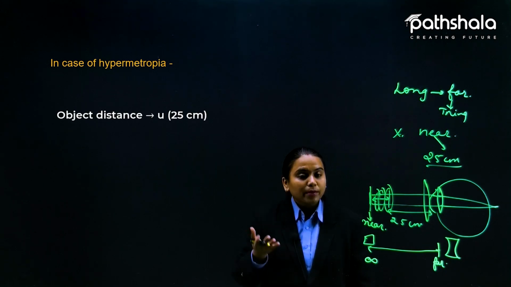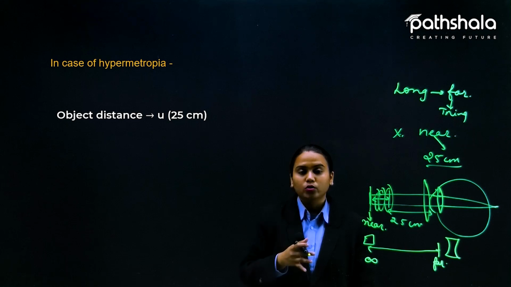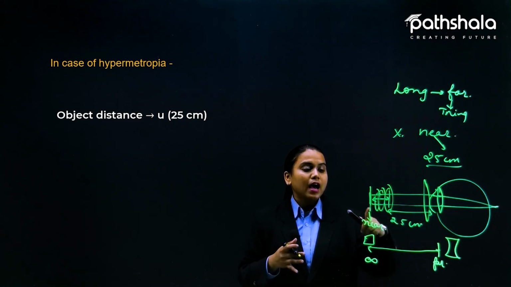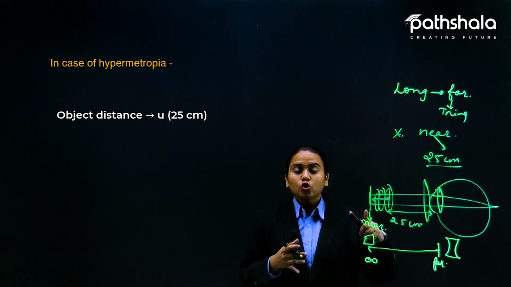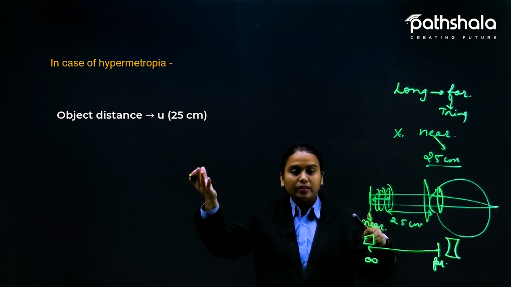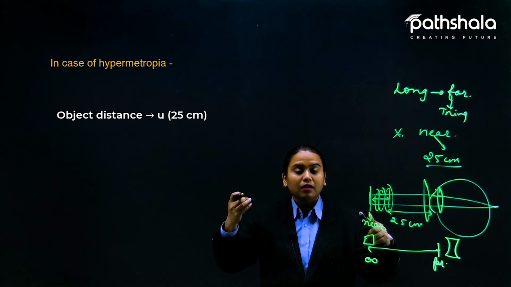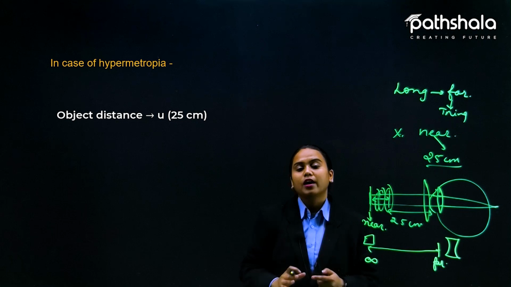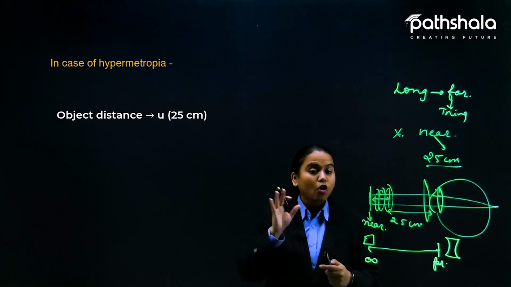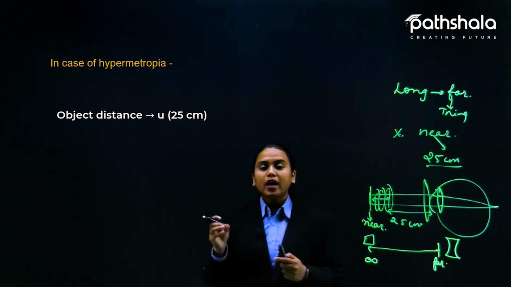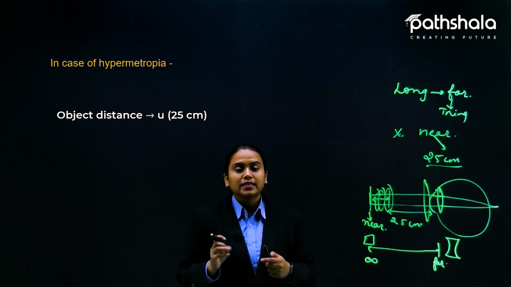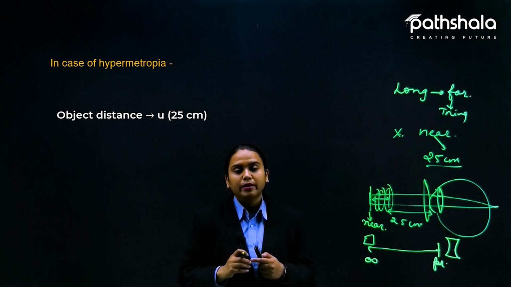Now, you are not able to see things that are near to you. In this case, you are not able to see things inside this near point. So, what is the extreme position of the object, कितना सबसे ज़्यादा पास वो object खड़ा हो कि वो हमें at least दिखना चाहिए according to normal human eye. You know that a normal human eye is capable of seeing things standing at 25 centimeter.